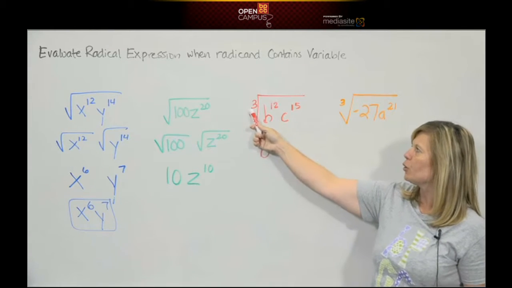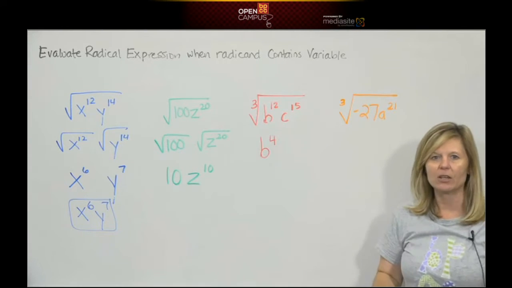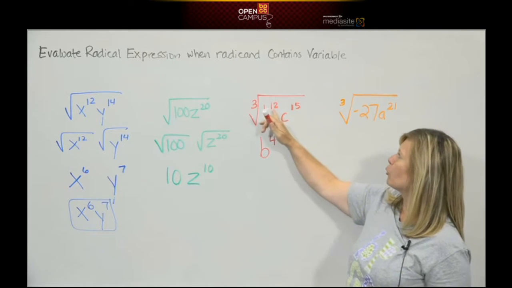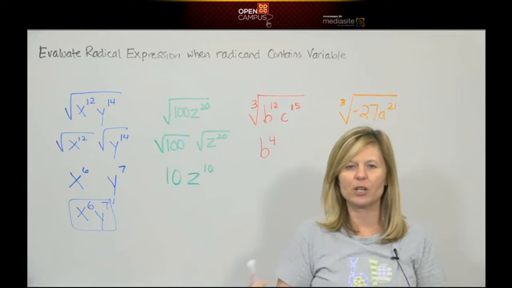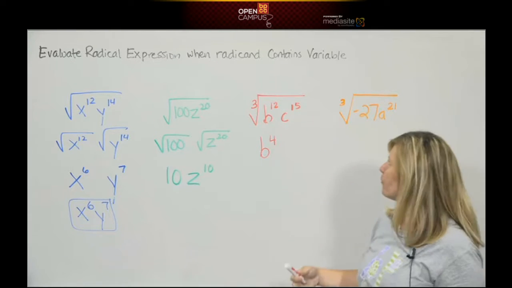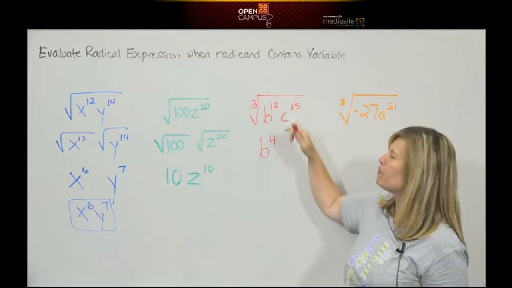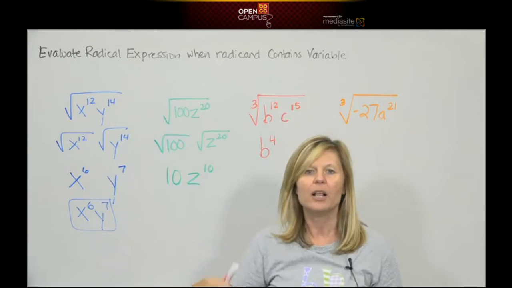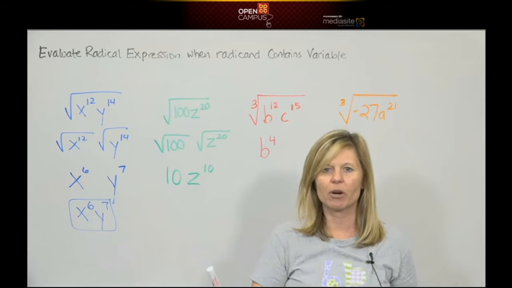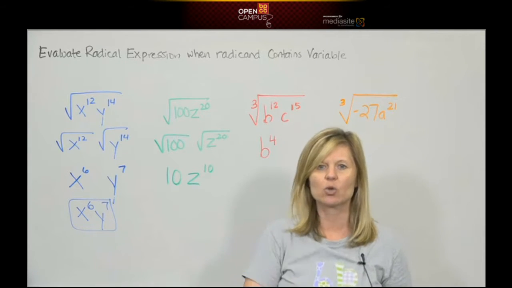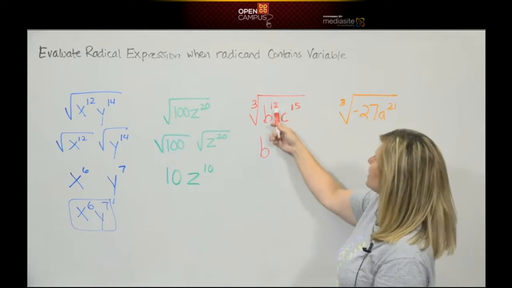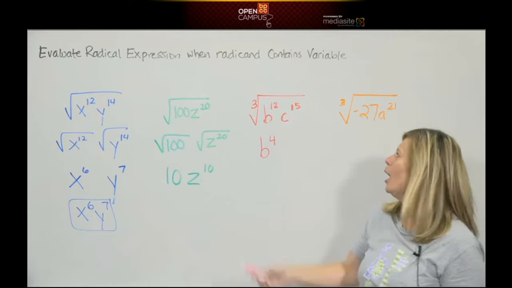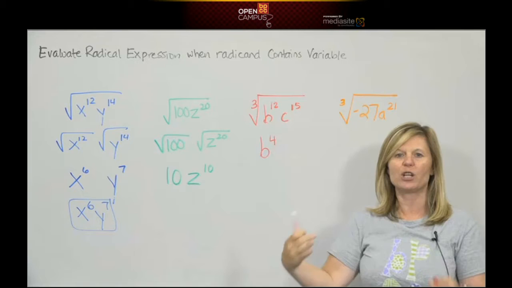Then I want to do the cube root of c to the 15th. Well, that will work. Both 12 and 15 are perfect cubes. How do I know they're perfect cubes? Because these exponents are multiples of 3. Think of your multiplication tables: 3, 6, 9, 12, 15. So these exponents are multiples of 3, which makes these terms perfect cubes.